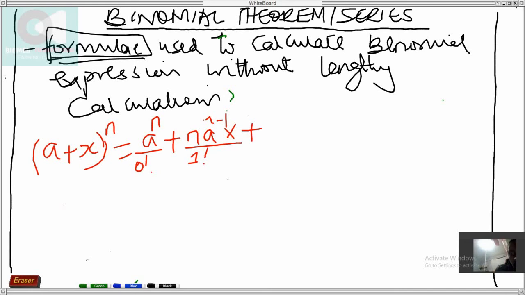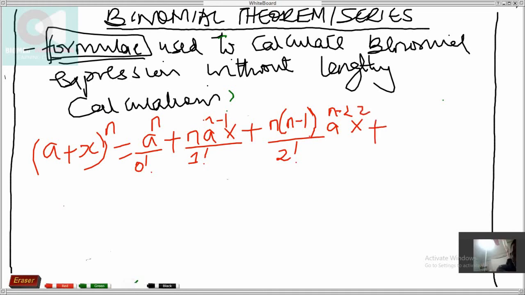n into n minus 1, n minus 2 divided by 2 factorial. We have a raised to n minus 2 and x squared.